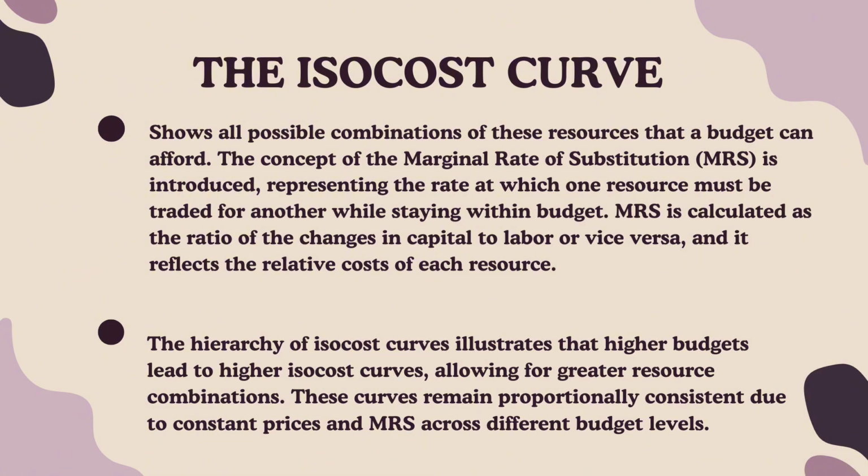The hierarchy of isocost curves illustrates that higher budgets lead to higher isocost curves, allowing for greater resource combinations. These curves remain proportionally consistent due to constant prices and MRS across different budget levels.